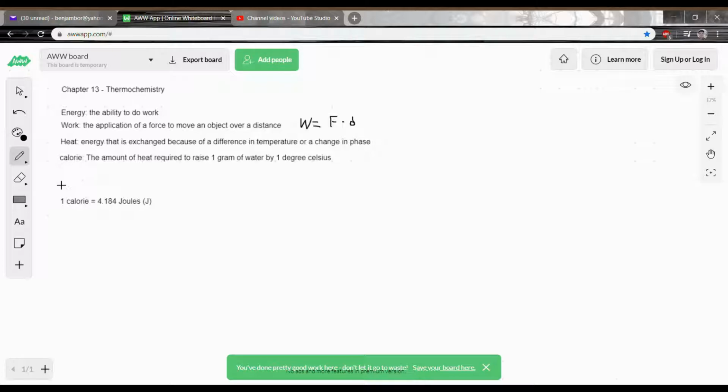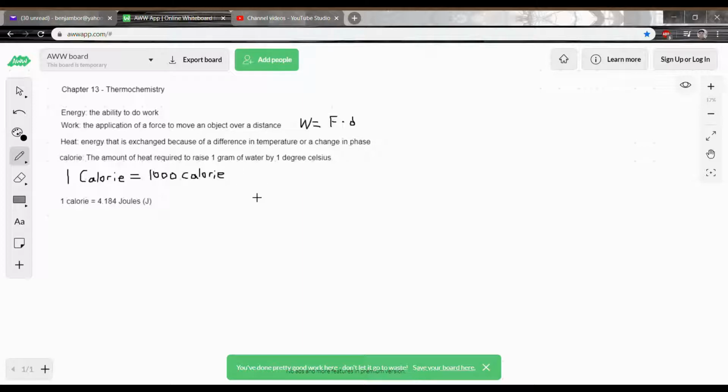So, one capital C calorie is equivalent to 1,000 lowercase c calories that we are going to be using in our examples. So when a chemist refers to a calorie, they mean lowercase c, not the food-based calories.